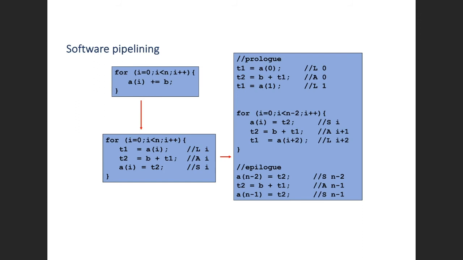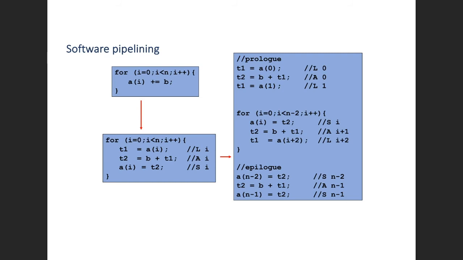Okay. So what we can then do is change that into the code on the right. If we look at the loop in the middle to begin with, essentially what we do is reverse the order of the statements, but they're now coming from different logical loop iterations. So our loop body now contains the ith store, the i plus 1th add, and the i plus 2th load.